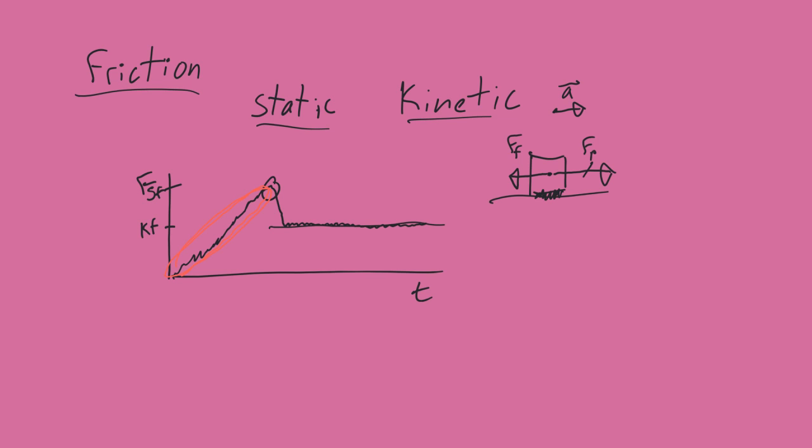Since friction responds to another force, if it's still static, that means that the force is equal and opposite. Remember, this is not Newton's third law. So let's say I am pushing with this amount of force here, right? So I can redraw my box, and I have some force here, and I have my friction force, right? These two forces are equal.